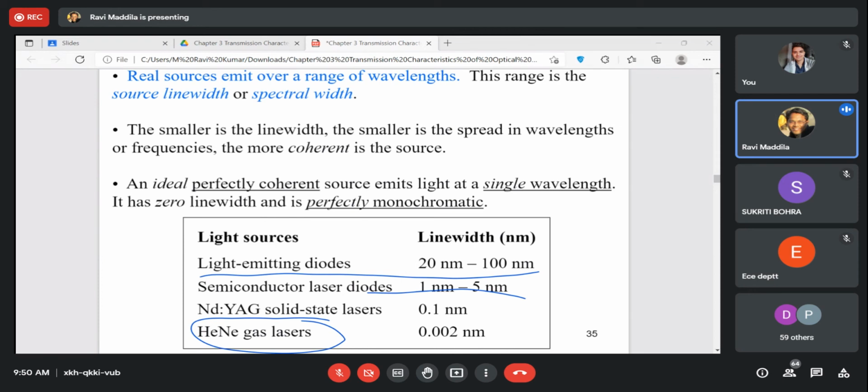And when you go to a counter to purchase that, they scan it, right? And from the scanner, you see that usually there's a red light which is coming out, right? Yes, sir. So that red light comes from a helium neon laser.